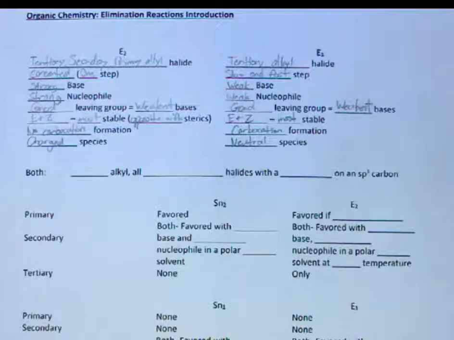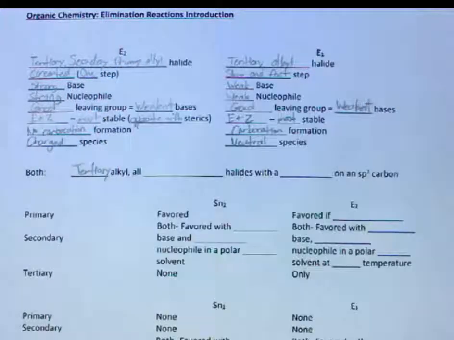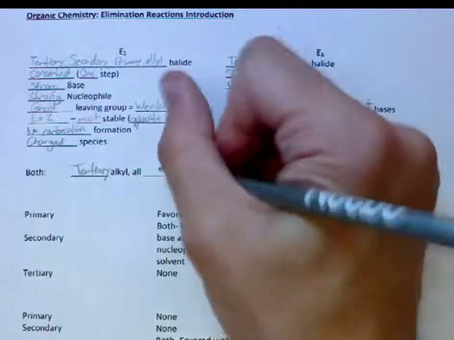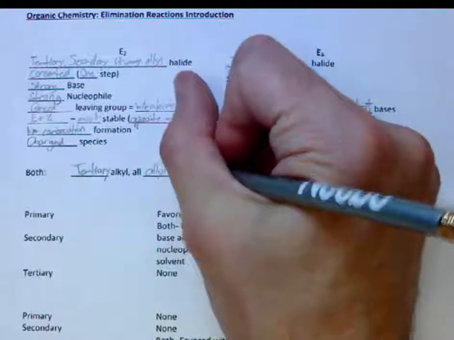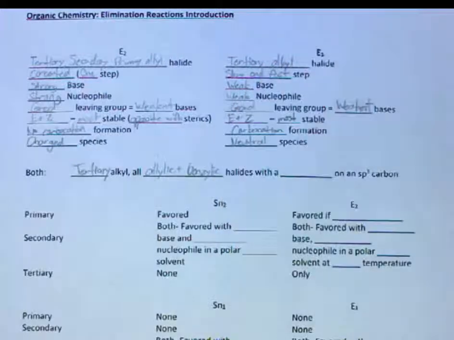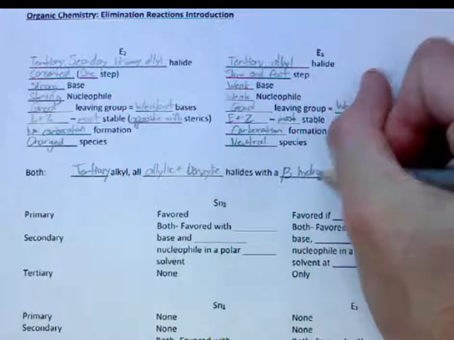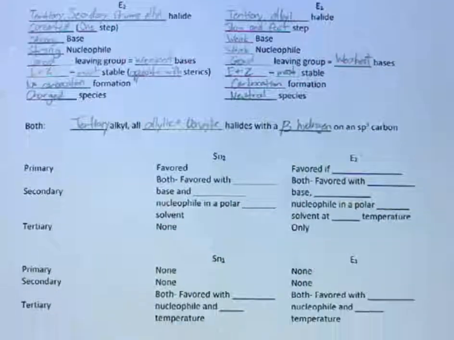For both E2 and E1, this is going to be tertiary alkyl halides, along with all allylic and benzylic halides, but they must have a beta hydrogen on an sp3 carbon.